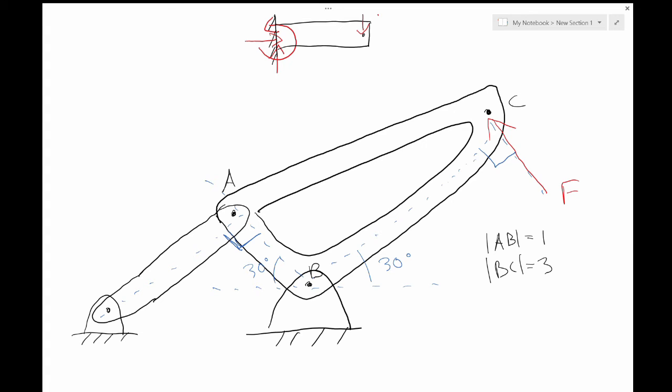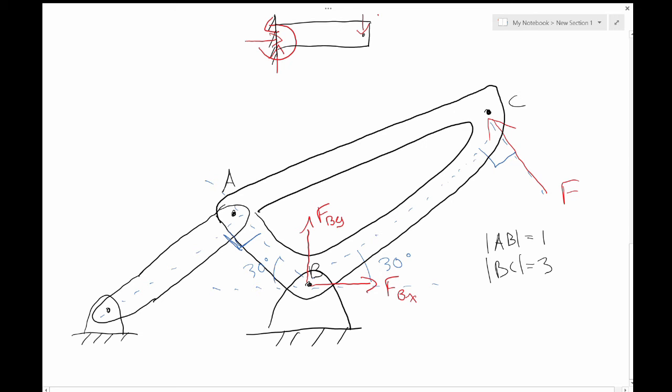So it should be pretty obvious that we're going to have two reaction forces at B, because it can't translate in the X or Y direction. It's fixed there, but this rocker is free to rotate around B. So at B, we're going to have F of BY and F of BX.